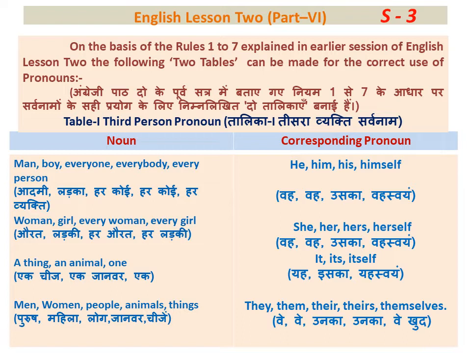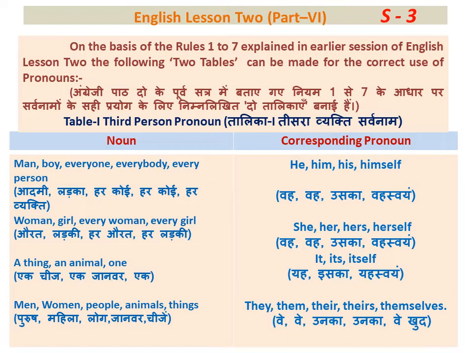First, man, boy, everyone, everybody, every person. The corresponding pronouns for these are he, him, his, himself. Second, woman, girl, every girl. The corresponding pronouns will be she, her, hers, herself.